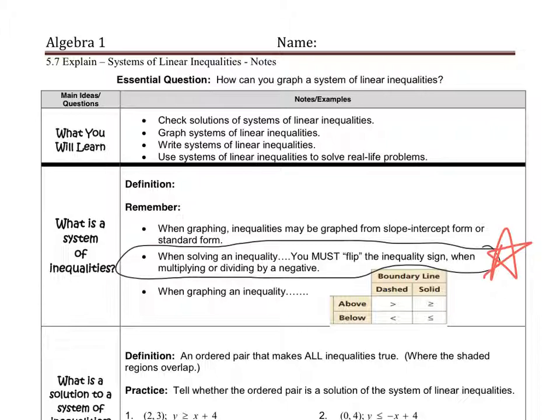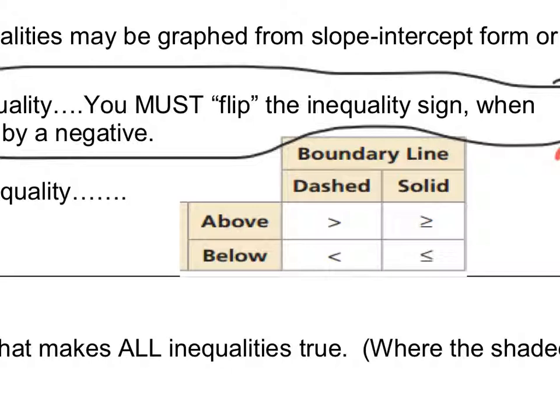The other thing to remember from last class is what kind of lines we use. We use both dashed, sometimes called dotted lines, I use them interchangeably, or solid lines. For a dashed or a dotted line, you have a greater than or a less than sign.